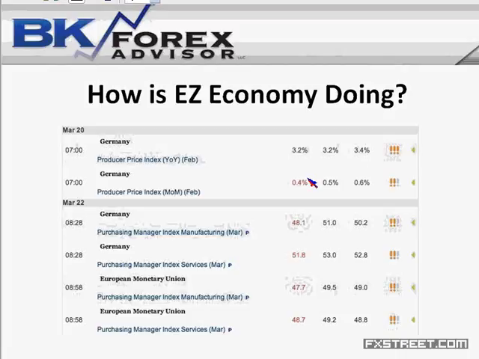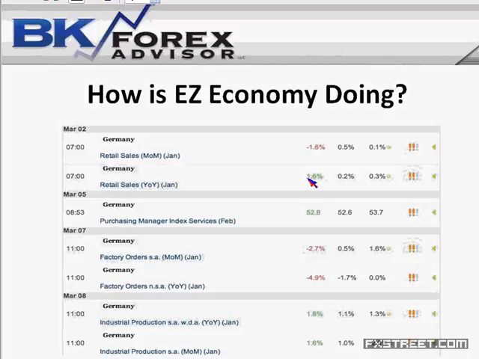So that's the main thing that could halt the euro-dollar rally. It's if we do see any sort of fresh dovishness from the ECB, from ECB member Draghi.